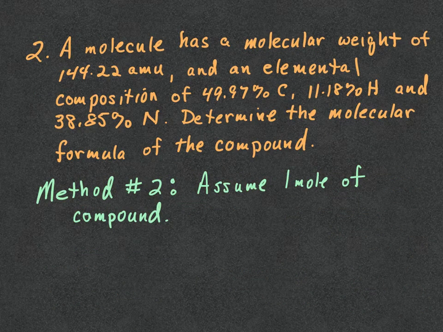We have the same molecule with the same molecular weight, and we have the same elemental composition, and we're going to determine the molecular formula of the compound. But this time we're going to do it without determining the empirical formula. Where last time we assumed we started with 100 grams of our compound, this time we're going to assume that we start with 1 mole of our compound, and that will change our approach a little bit.